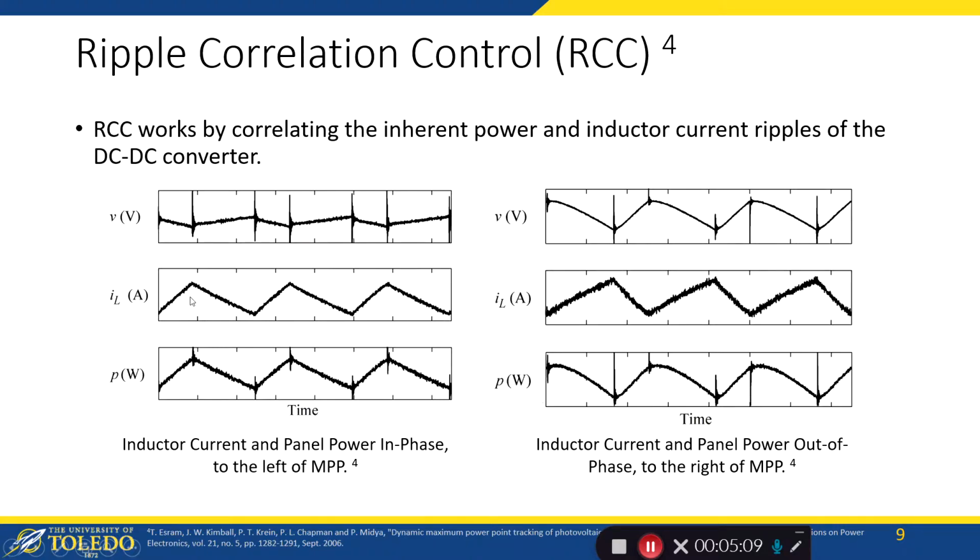We see that the inductor current and the power on the left are in phase, and on the right they are out of phase, with a phase difference of 180 degrees. So by correlating the inductor current and the panel power, we can find the maximum power point, since to the left of the maximum power point these two are in phase, and to the right these two are out of phase.